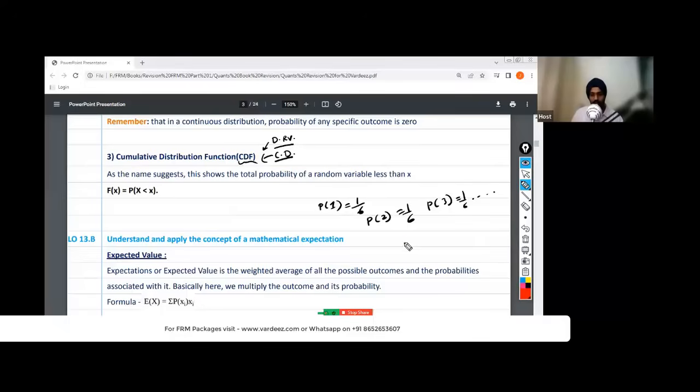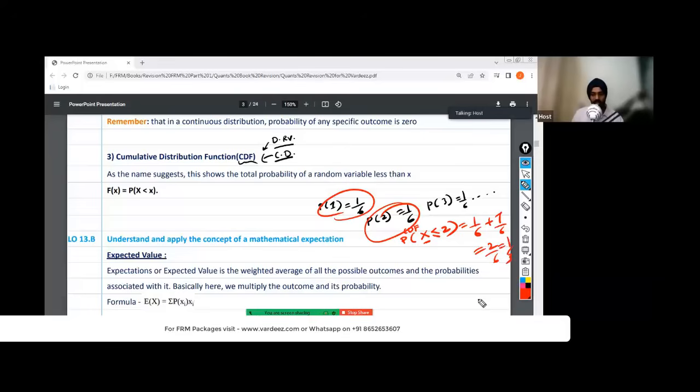If I want to find the probability that X will be less than or equal to 2, I need to add up this and this. 1/6 plus 1/6 is 2/6, that's 1/3. That's my CDF, or my cumulative probability that X will be less than or equal to 2.